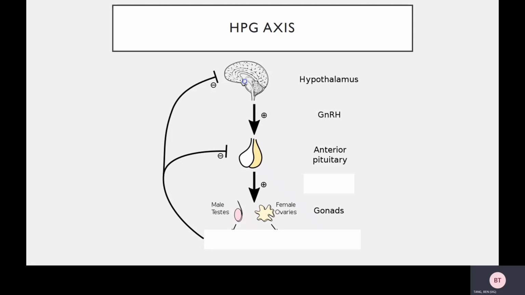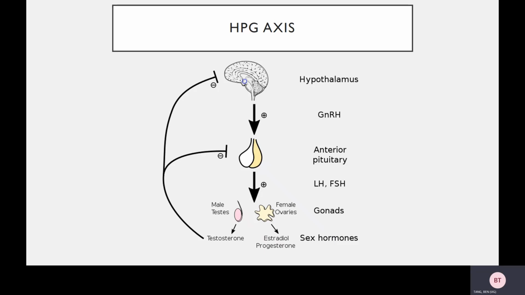So releasing hormone from the hypothalamus acts on the pituitary gland, which releases luteinizing hormone and follicle stimulating hormone, more widely known as LH and FSH, which in turn will help stimulate the production of testosterone from the testes, or estradiol, which is another word for estrogen, and progesterone. And once again, there's that negative feedback loop to the pituitary gland and the hypothalamus to create that balance.